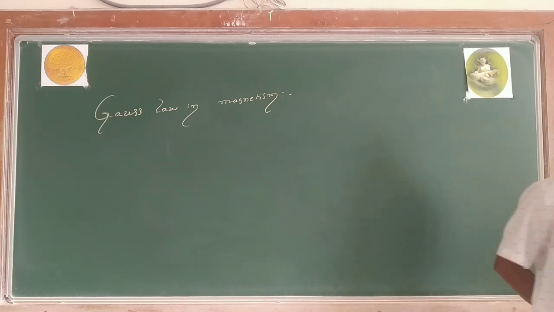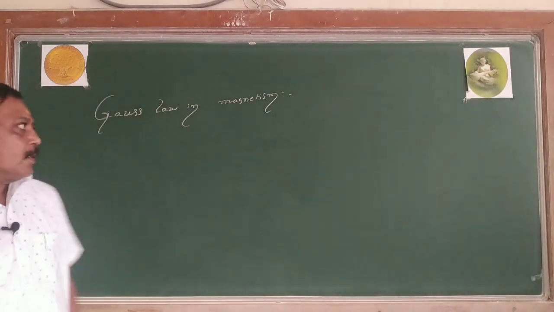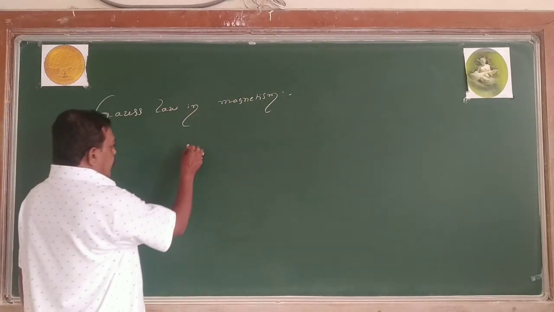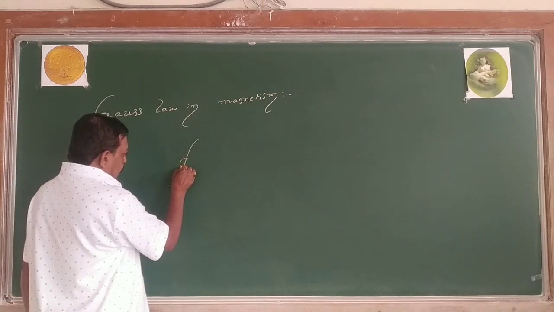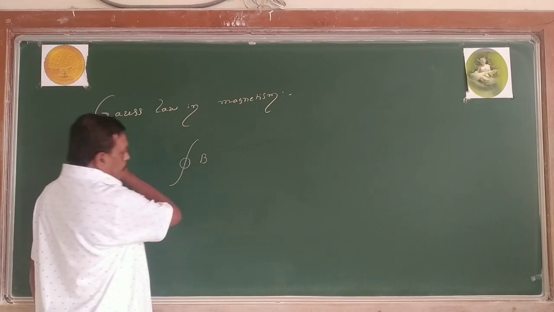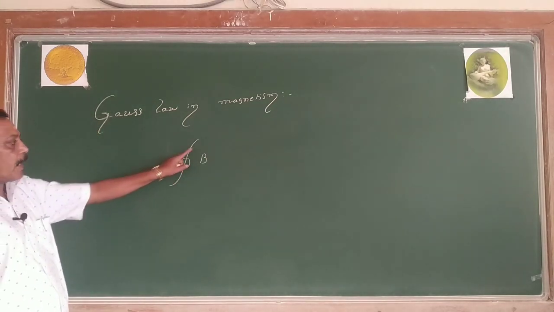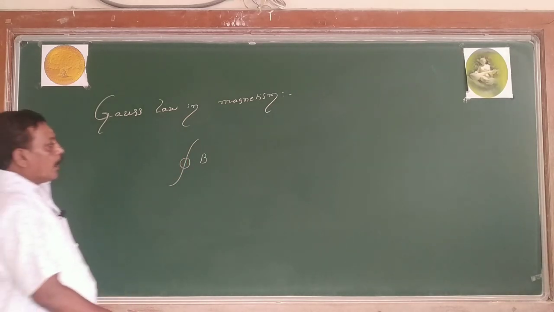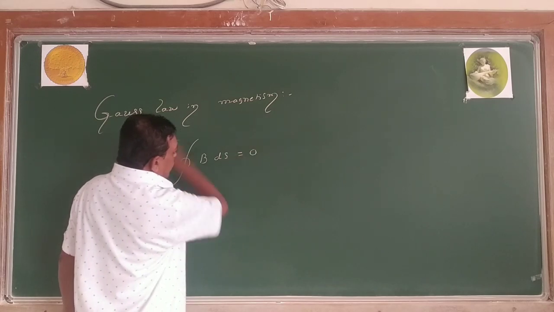It can also be stated as: for a closed surface, the surface integral of the magnetic field through any closed surface is equal to 0.